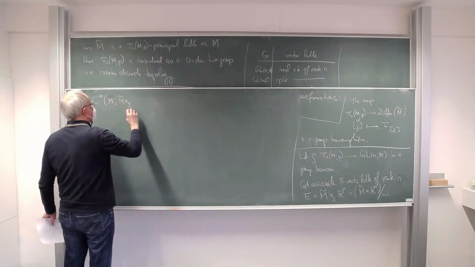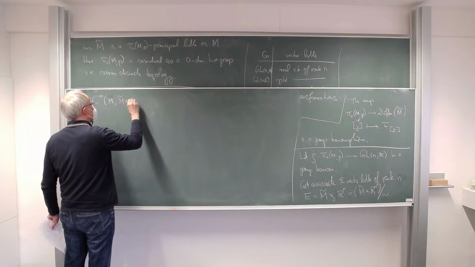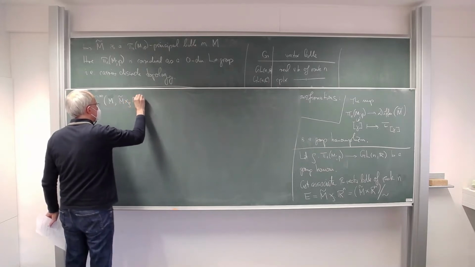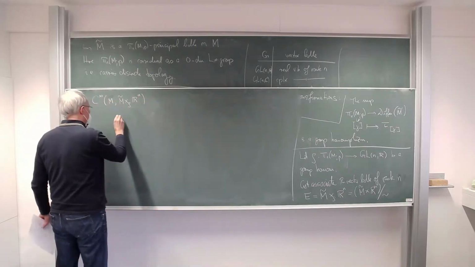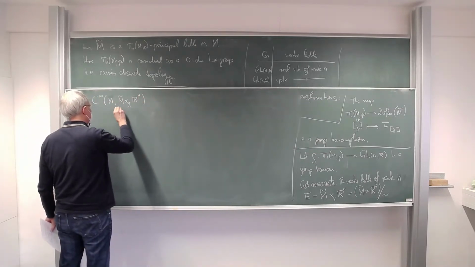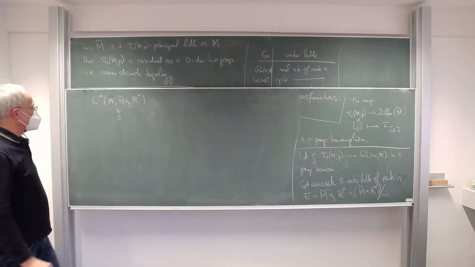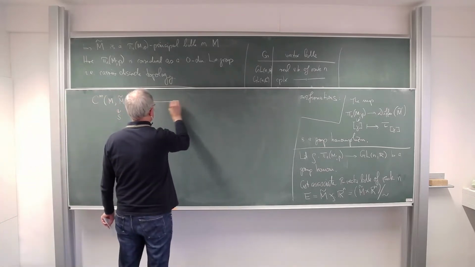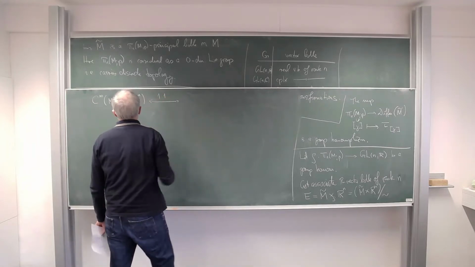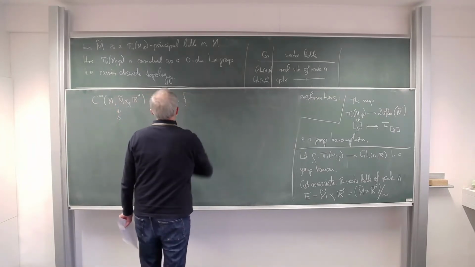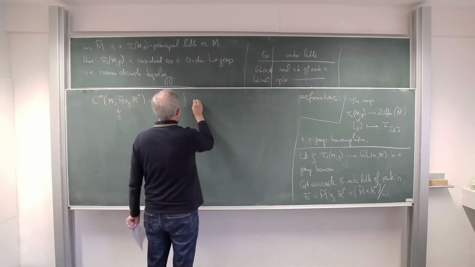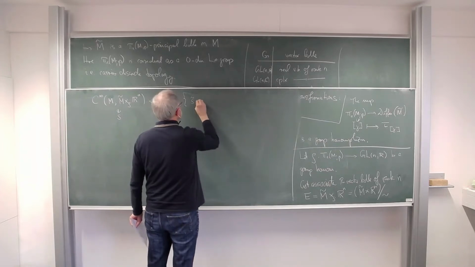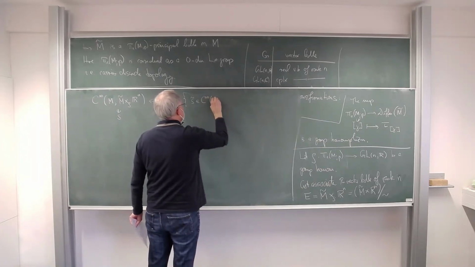This total space M tilde cross rho R^n. Let me stick to the real case here. So if I have a section in here, I can describe this as a one-to-one correspondence to functions on M tilde with values in R^n. We call this S tilde. So that's a smooth function on M tilde with values in R^n.